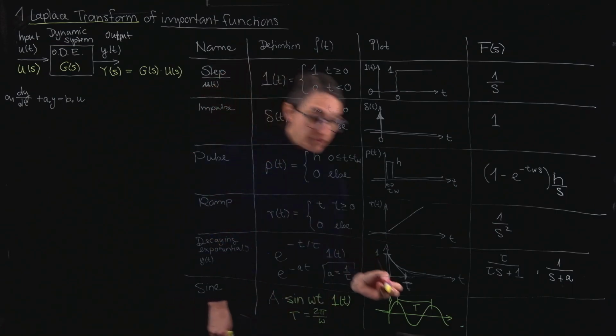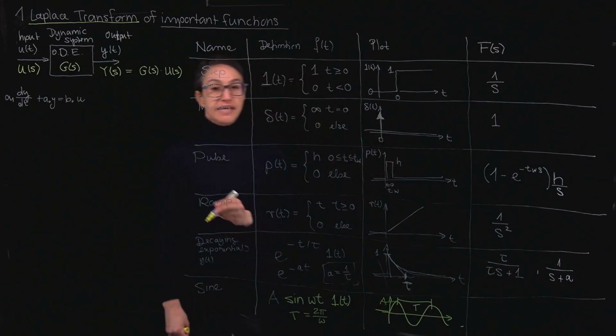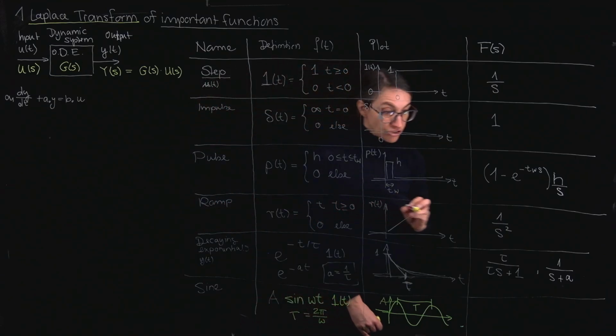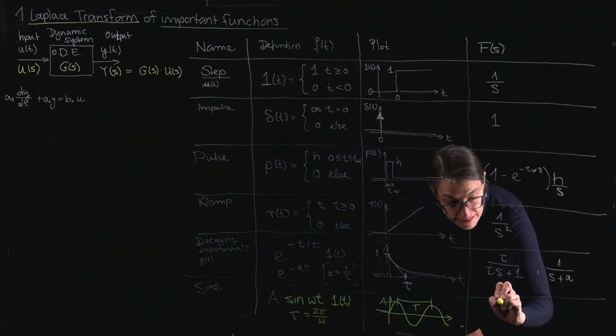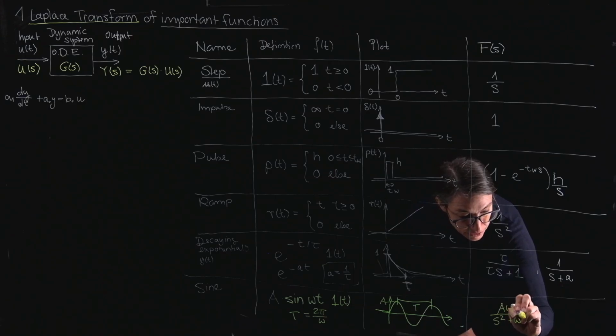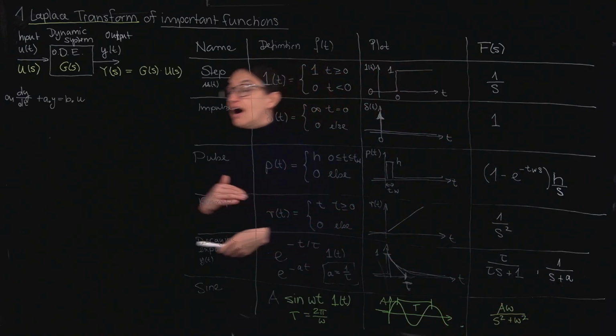Just so that you know. And the amplitude I can read out at the peak of the oscillation. And the Laplace transform of this function is A times omega divided by s squared plus omega squared. Okay, so that is a very important output signal.